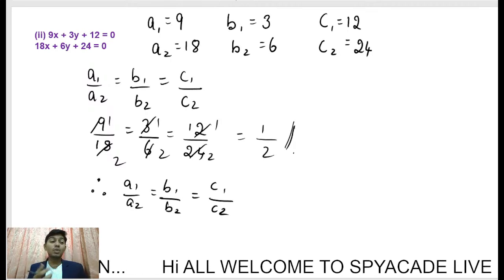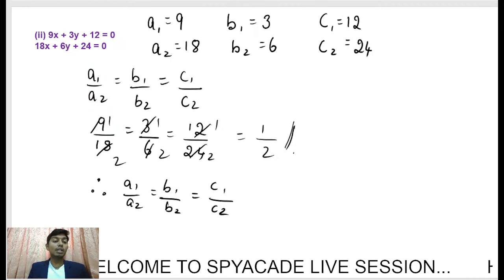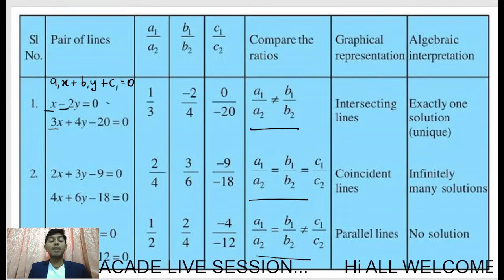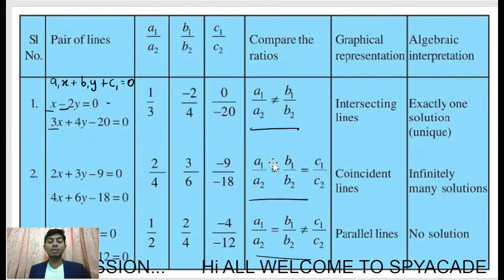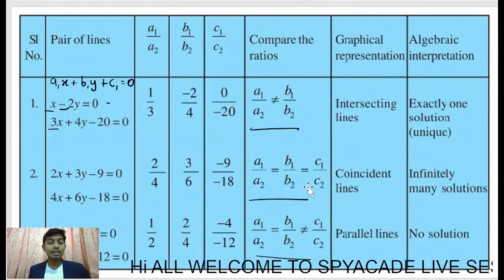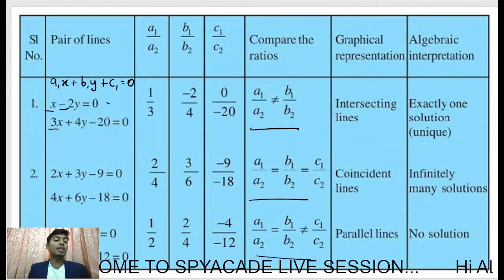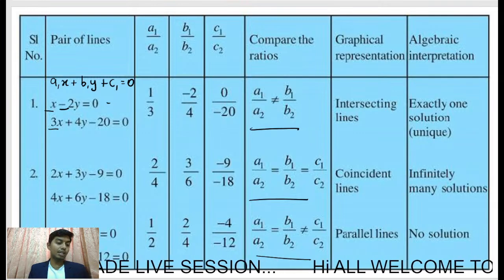So therefore what solution it is, you have to tell. So let us go back to the table and then check where everything is equal. When everything is equal, that is the second condition, right? A1 by A2 is equal to B1 by B2, that is equal to C1 by C2, which means it is coincident lines where you will be getting infinitely many solutions.